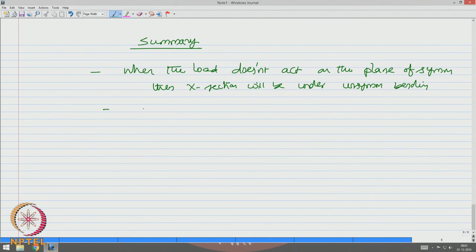Under this case, stresses are enhanced by a significant amount.